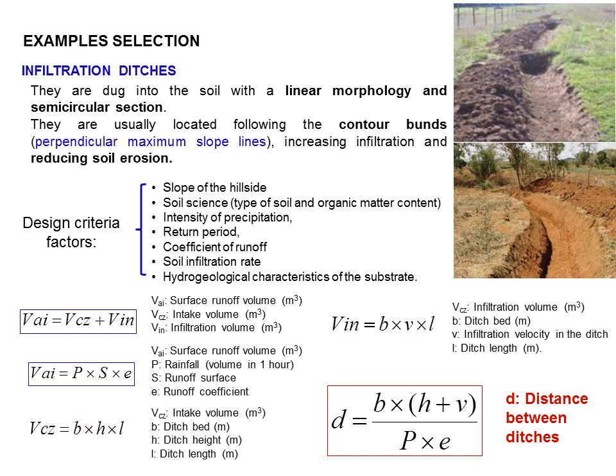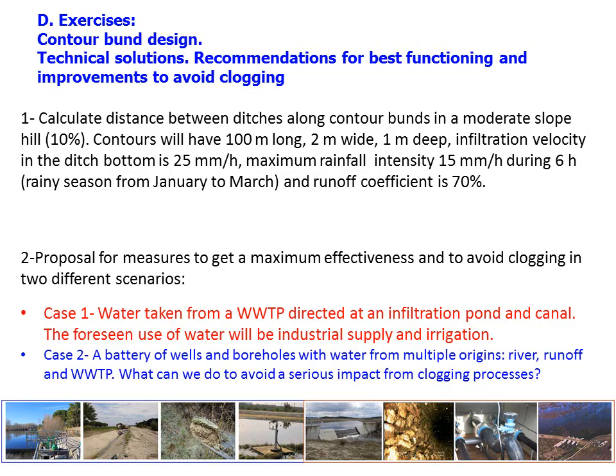They usually follow the contour bands and increase the infiltration and reduce the soil erosion. The distance between the ditches must be calculated by this formula and will be applied in the exercises proposed at the end of the lecture.